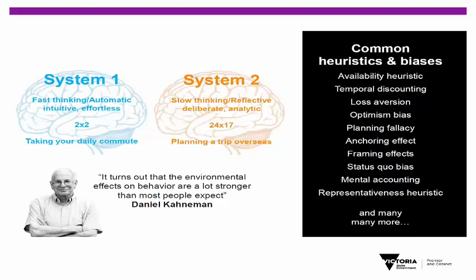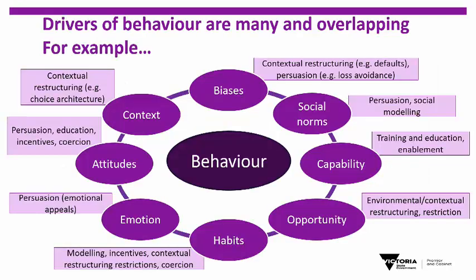Sorry, room. So they're not flaws, though. It's really important to understand that. And they're broad tendencies rather than fixed traits. So there's lots of different things that affect our behaviour. In the Behavioural Insights unit, we work on behaviour, which we see as observable action.